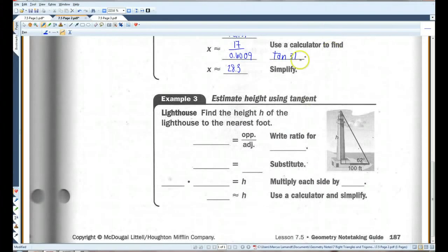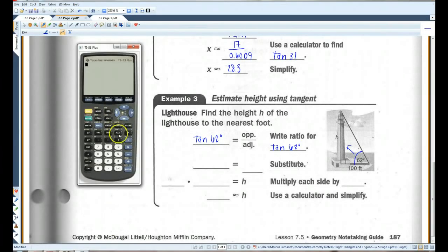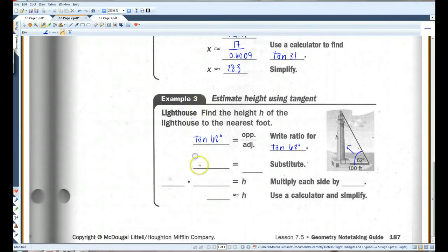Find the height h of the lighthouse to the nearest foot. If we're looking for the tangent of 62 degrees, it's opposite over adjacent. So we're writing the ratio for tangent of 62 degrees. So tangent of 62 degrees equals h over 100.